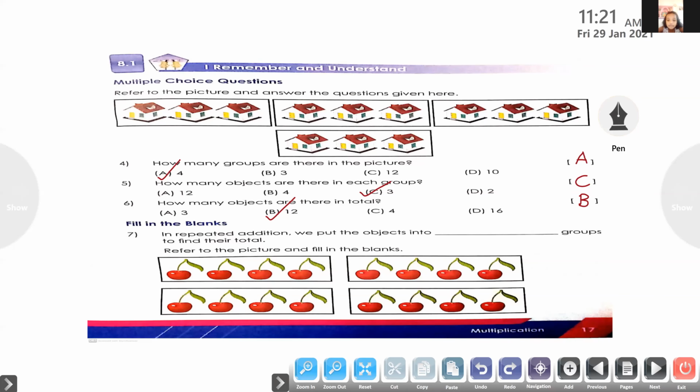In repeated addition, we put the objects into dash groups. Equal groups. Yes, good. We put the objects into equal groups to find their total.